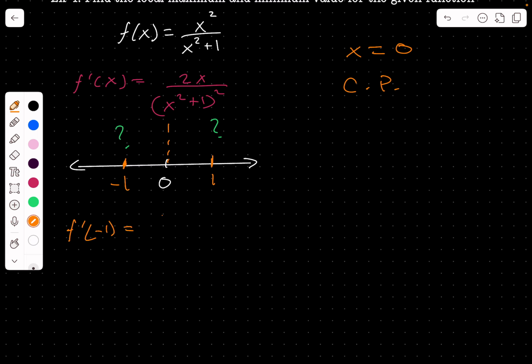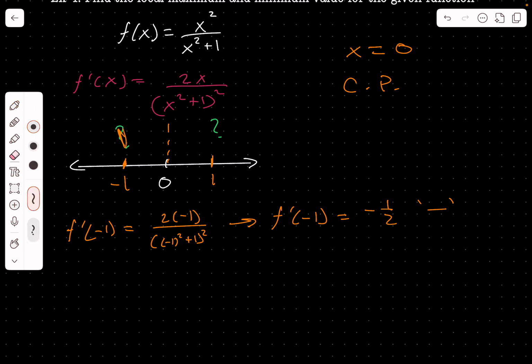We're going to get 2 times -1 over -1 squared plus 1, all squared. This is going to spit out -1/2. So on the left, it's going to be a negative sign.